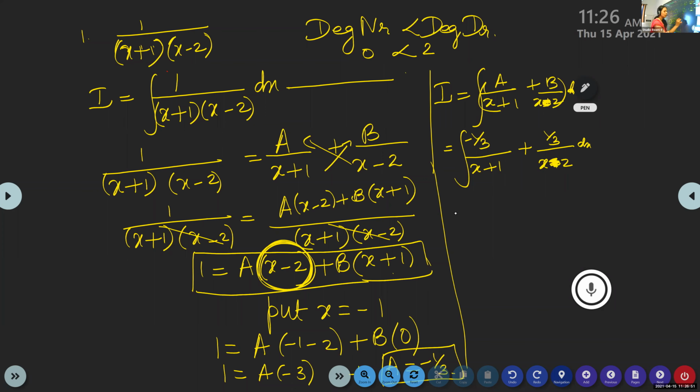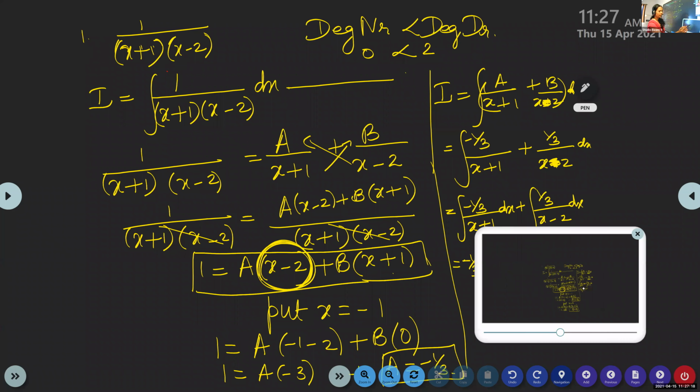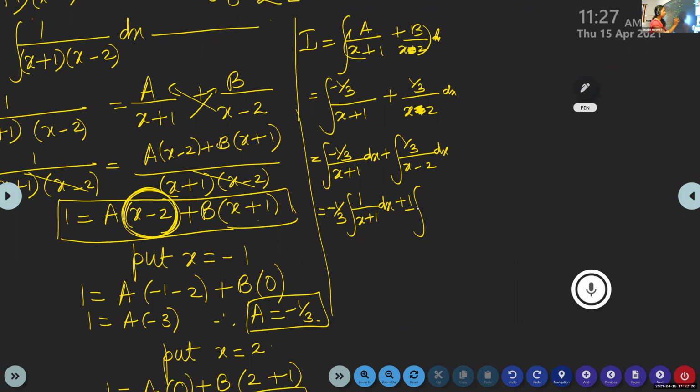Now we can split this into two integrals: minus 1 by 3 by x plus 1 into dx, plus integral of 1 by 3 by x minus 2 into dx. Being constants, minus 1 by 3 and 1 by 3 can be taken outside: integral of 1 by x plus 1 dx plus integral of 1 by x minus 2 dx.